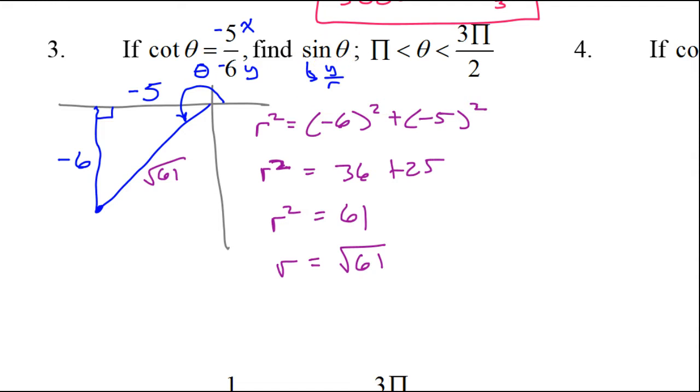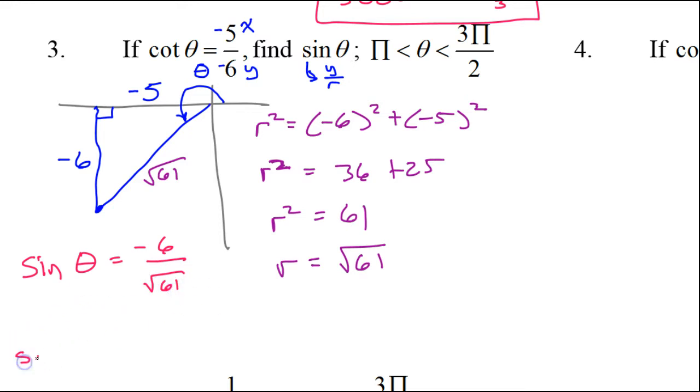So now we are in a position to do the sine, which is the y value over the radius. Sine is going to equal the y value of -6 over the radius of radical 61.